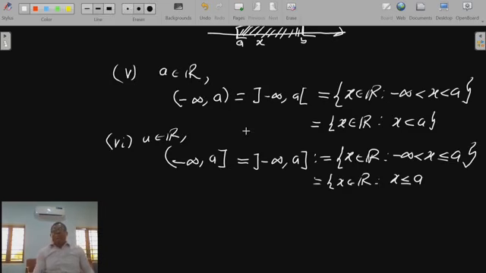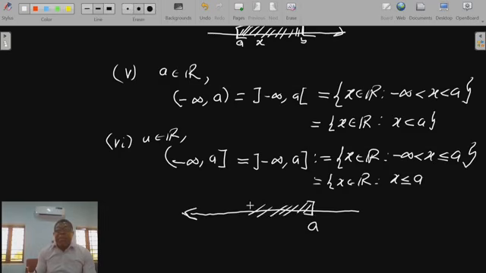All these are intervals in R. And for this last one, pictorially we may have something like this. Somewhere here, this direction is going to minus infinity. Somewhere on the line we have A. So for this particular one, what we are talking about is the set of all points that lie below A, with A inclusive.